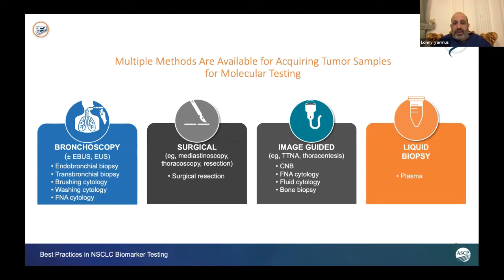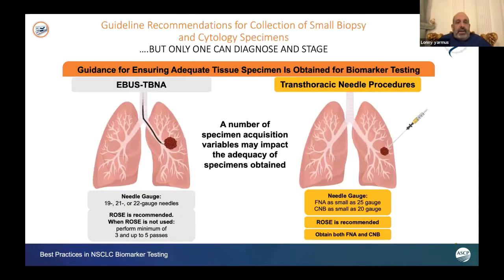Other technologies are available, like CT guided biopsy, and we'll talk about the advantages and disadvantages of a procedural interface like that. And then there's a growing, rapid platform for liquid biopsy and circulating tumor DNA. For small biopsies and tissue, the guideline recommendations really speak to small biopsy and cytology specimens.